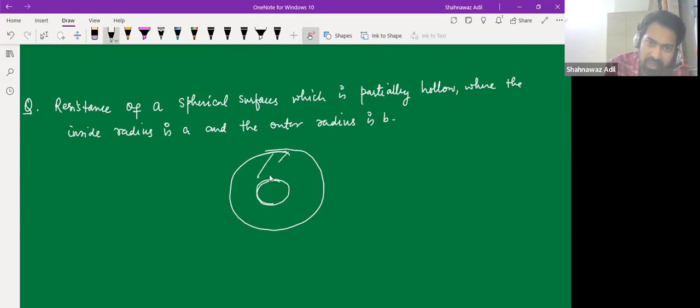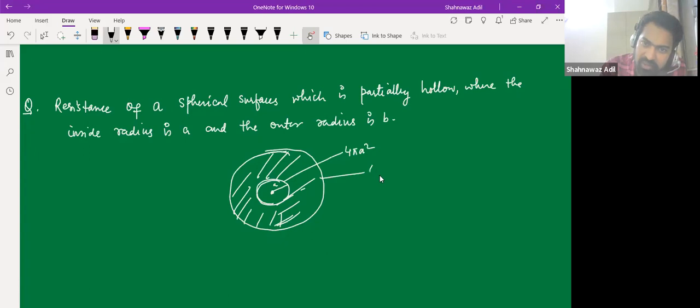Let's say you have a ball and you partially gouged out these portions. Let's say this is A. So the inside surface is 4 pi A square and the outside surface is 4 pi B square, right? And now you want to calculate the resistance between these curved surfaces.